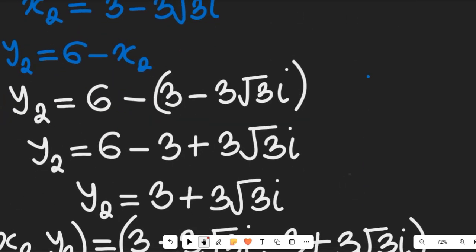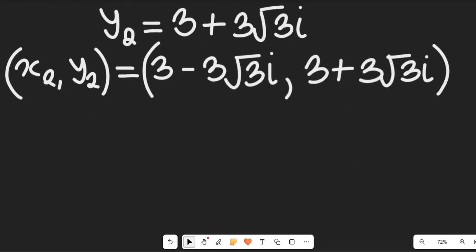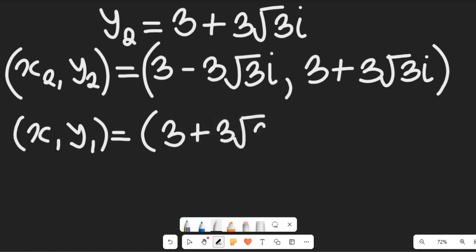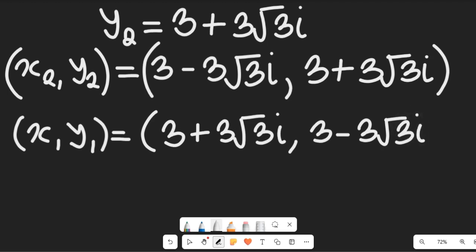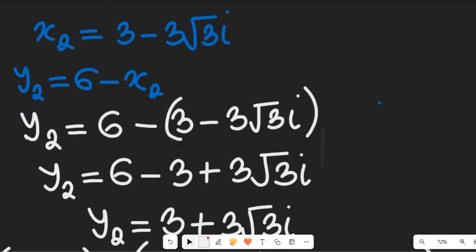From the expression, x1 is 3 plus 3 root 3i, and y1 is 3 minus 3 root 3i. If you look at that expression, you're going to find out that that is the solution.